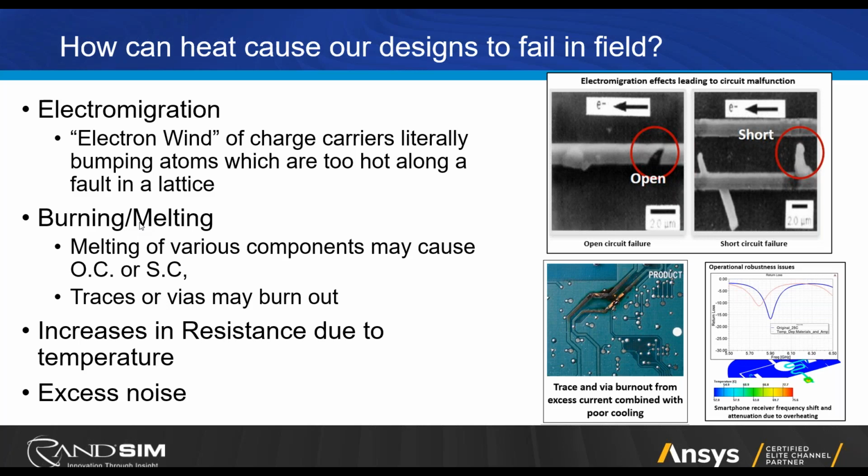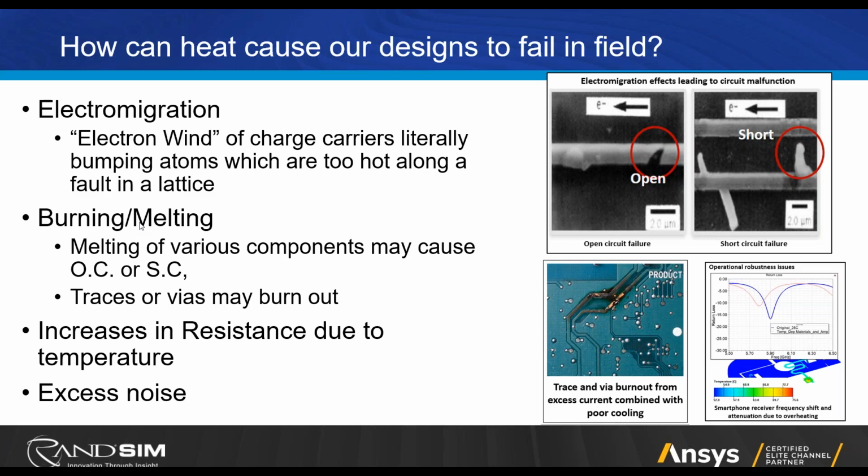Another big one that's more related to performance rather than catastrophic failure would be an increase in resistance due to temperature. That could be in your lines or actual physical resistors themselves. Increases in these resistances could potentially cause your design to become more lossy or just in general bring it away from its operating point.